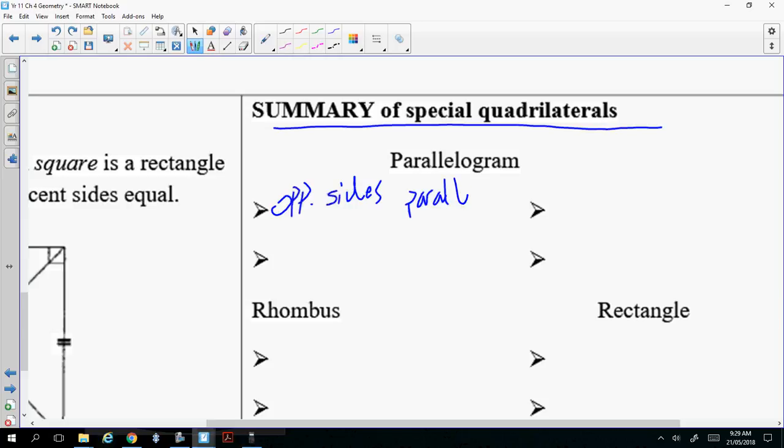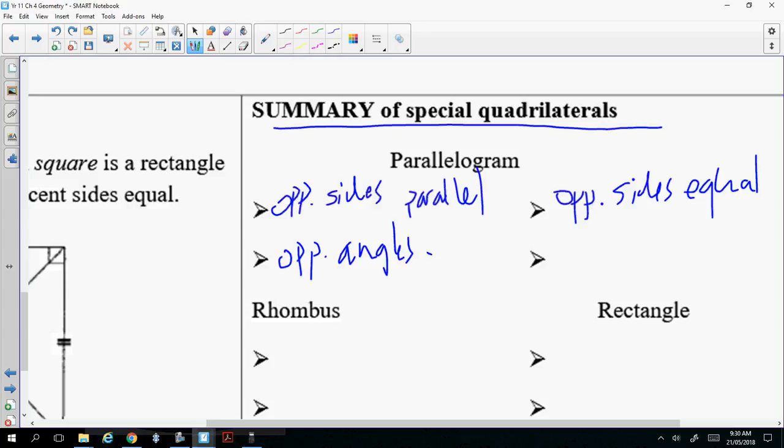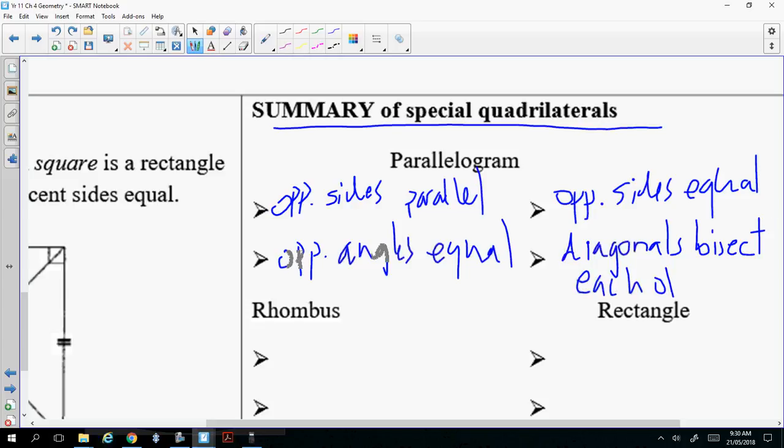And then we got opposite angles equal. And the last one is diagonals bisect each other. So what we do is we do this. These are the four properties of parallelogram.